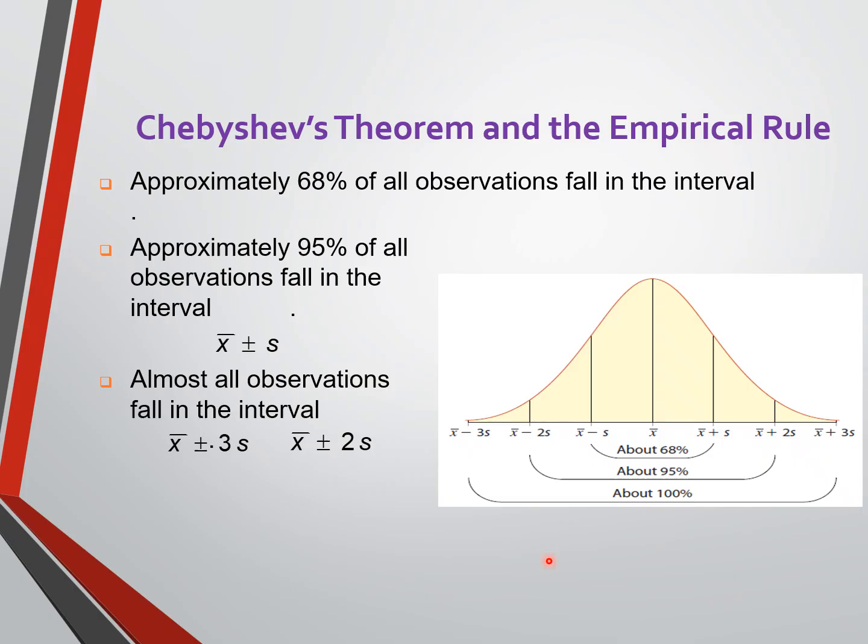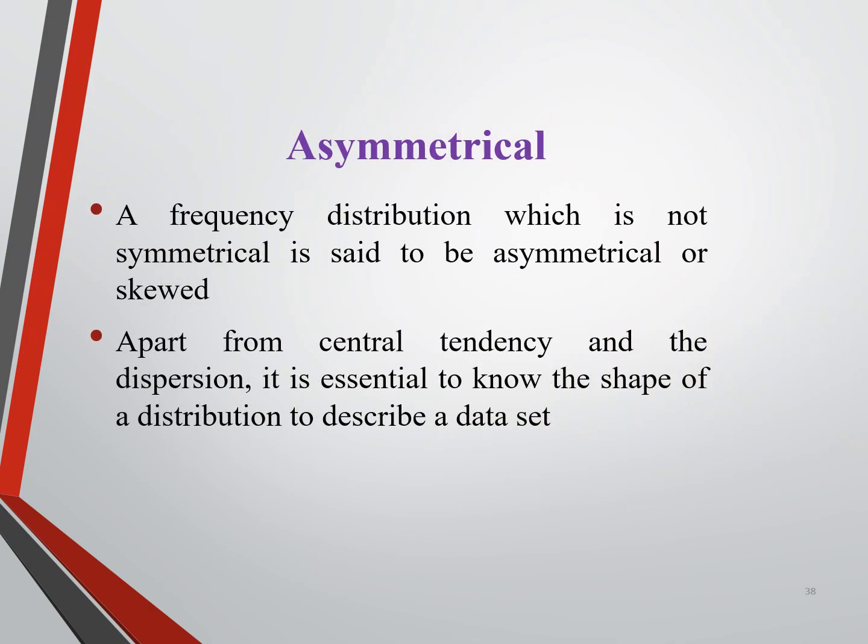Sometimes this is very symmetrical, a very nice thing which theoretically happens. Practically, this graph is not going to happen when you make a sample study. The graph is not going to take exactly the bell shape, but a non-bell shape, and that is known as asymmetrical. Whenever it is bell shaped, it is known as a symmetrical database.